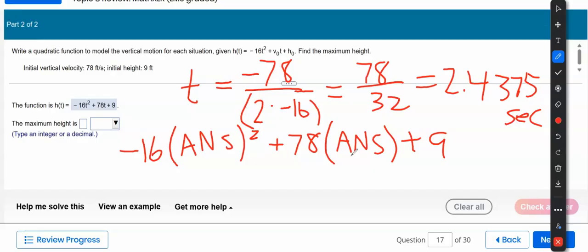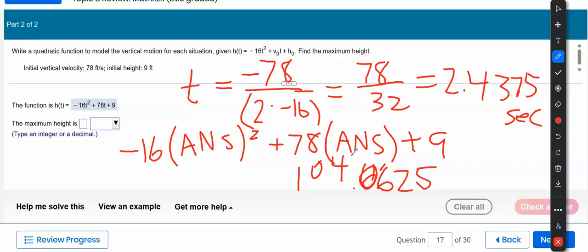Negative 16, parenthesis, answer, squared, plus 78, parenthesis, answer, plus 9. I got 104. Type an integer or a decimal. I got 104.0625. Is this what you got?